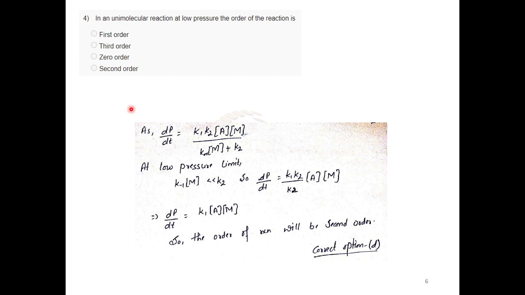So this is the standard equation for a unimolecular reaction where dP/dt equals k1 k2 [A][M] over k-1 plus k2, right? You have to look at whether k2 is very much greater than k-1, so you can make it k1 [A][M]. So the rate of the reaction is second order, right? As you can see, it is a second order reaction, but written as a unimolecular reaction, right?